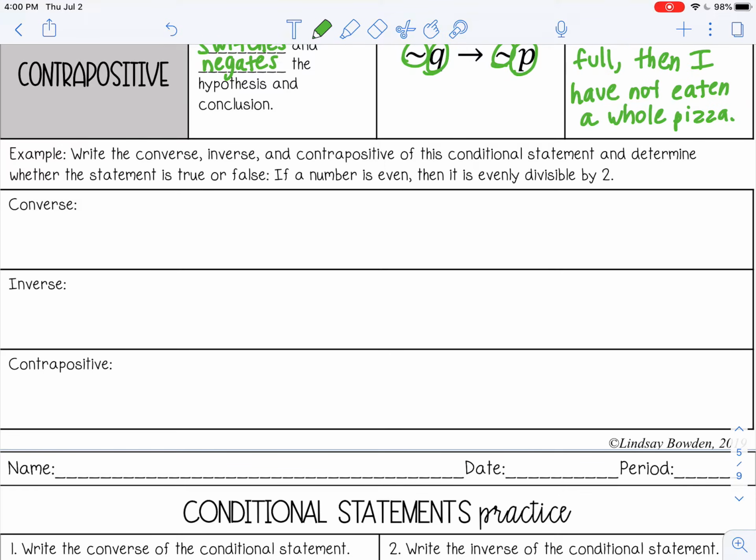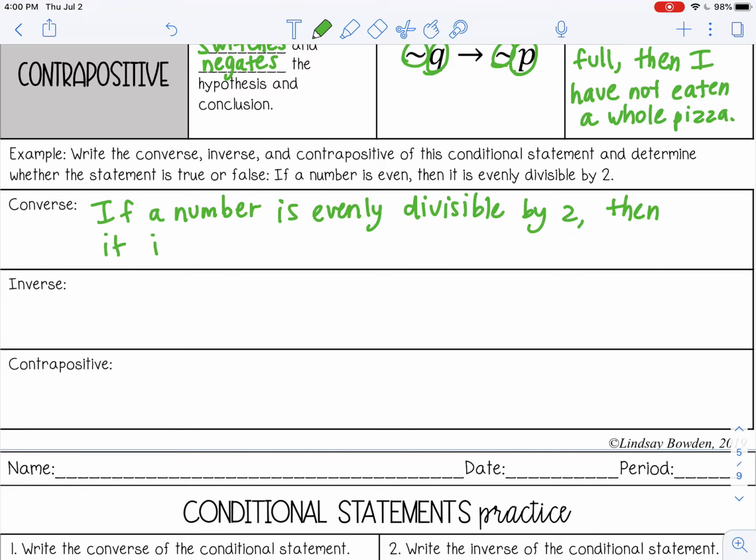Okay, so for converse, you should have written, if a number is evenly divisible by 2, then it is even. And that is a true statement.